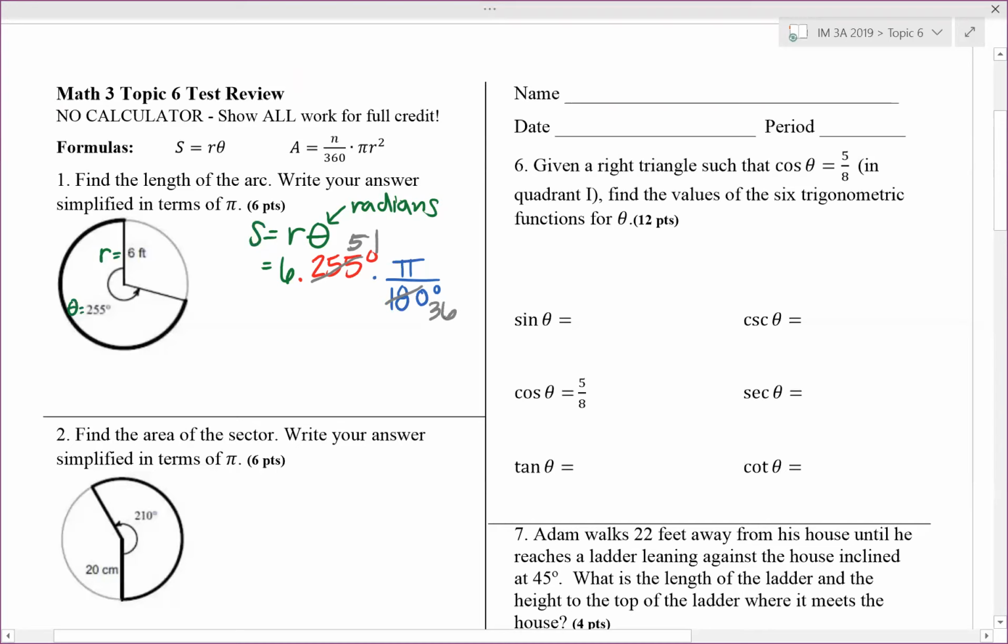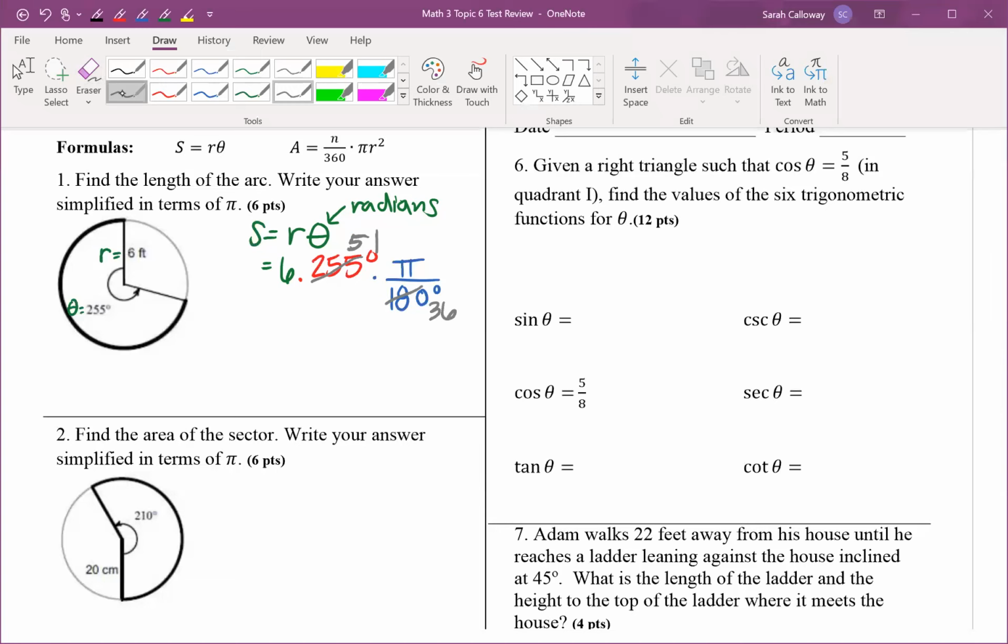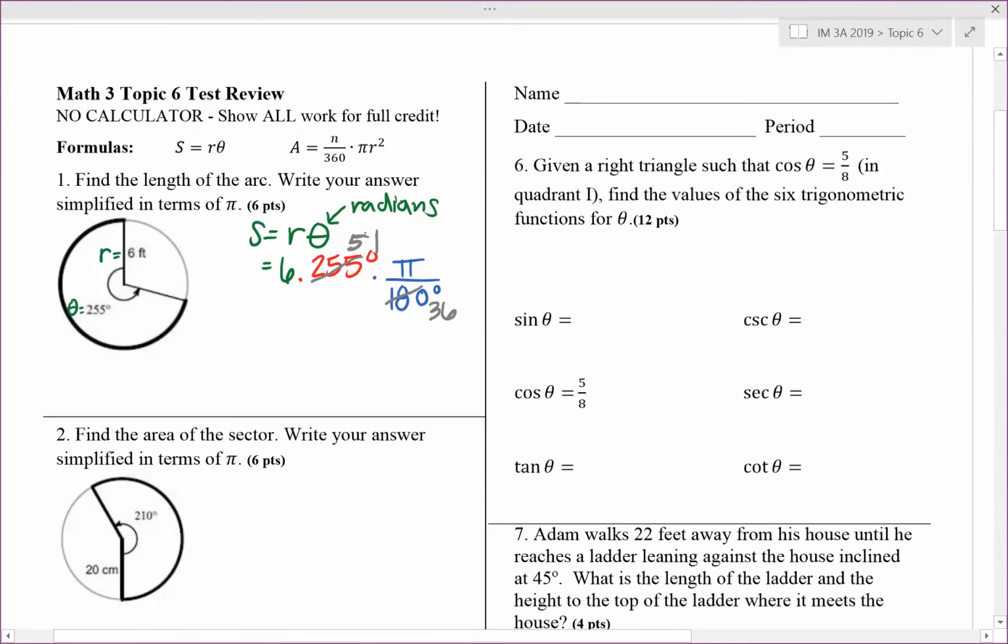So the 255 over 180 can reduce to 51 over 36. And then actually I can do that one more time because 51 is divisible by 3. So if I divide 51 by 3, that's 17. And then 36 divided by 3 is 12. And so since 17's prime, I know that I can't do anything else with that.